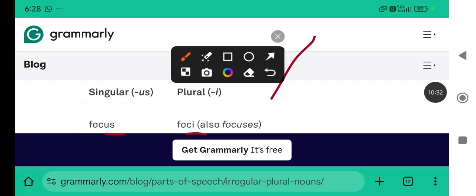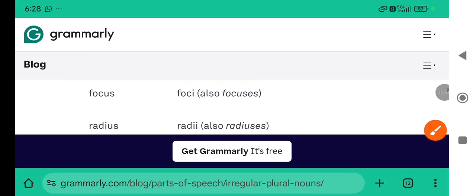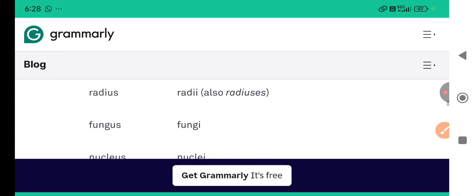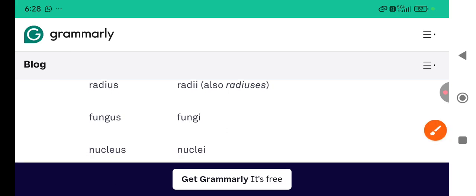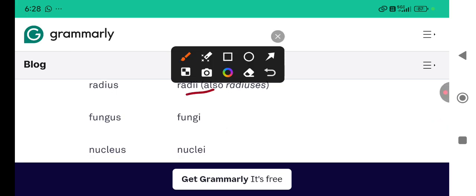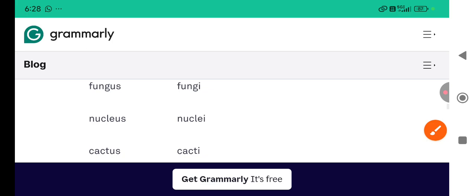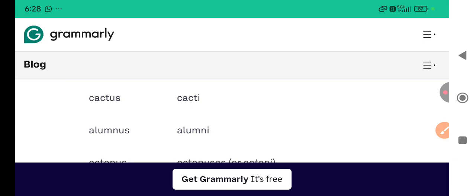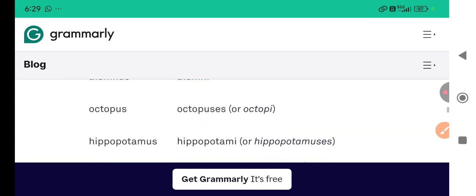Radius, radii, with double I. There are only a few words in English where we use double I. Now, fungus, fungi; nucleus, nuclei; cactus, cacti; alumnus, alumni; octopus, octopuses.